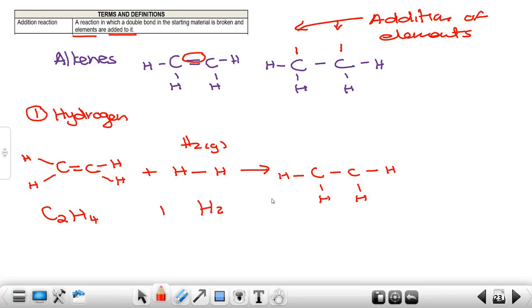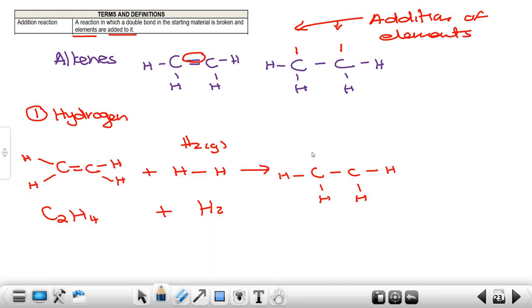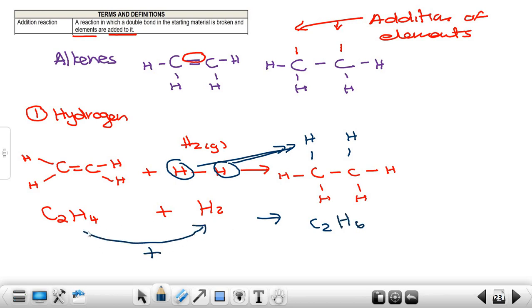Plus H2. Now we are adding in those hydrogens into the alkene. So those hydrogens that I'm adding, these ones here, they are adding there. And then we are getting C2H6. So this added in, everything was added to give us a total of H6. And because we're adding hydrogen, it is hydrogenation.